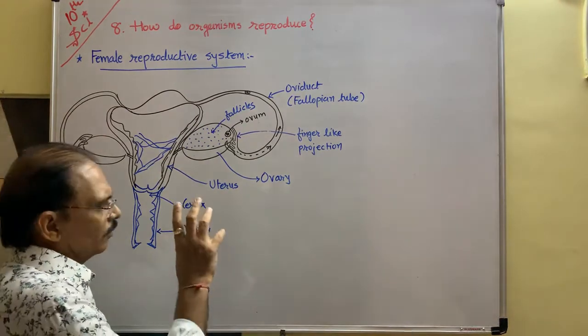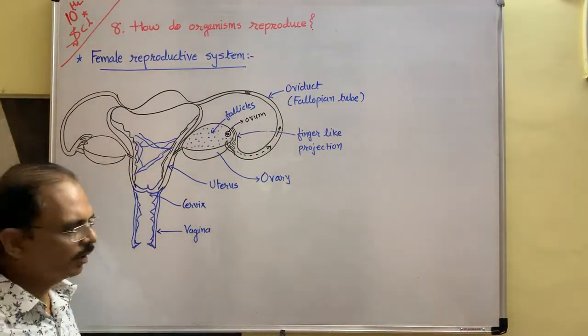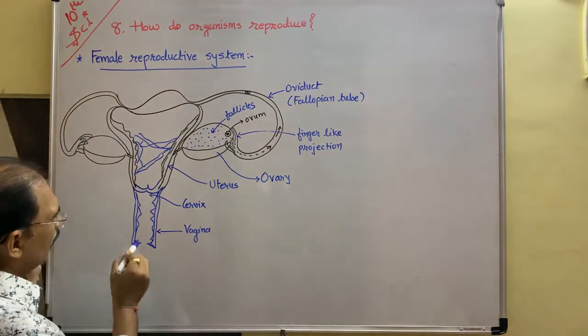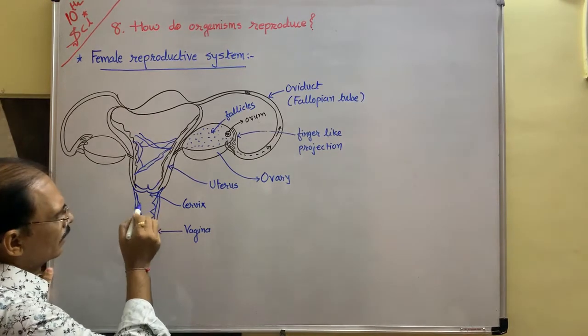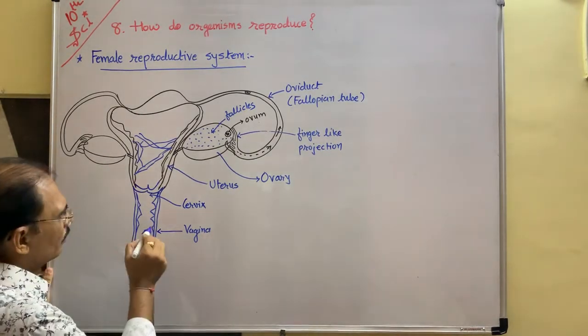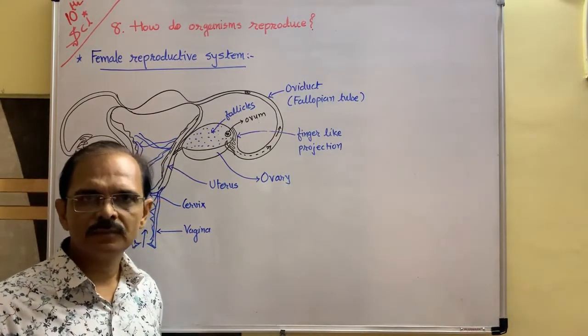Okay? Now what happens? See, suppose sperm comes out from the penis and enters through the vagina. Here a zigzag manner is there, the cervix is there. Because of this zigzag manner, you know that the sperm has a tail.